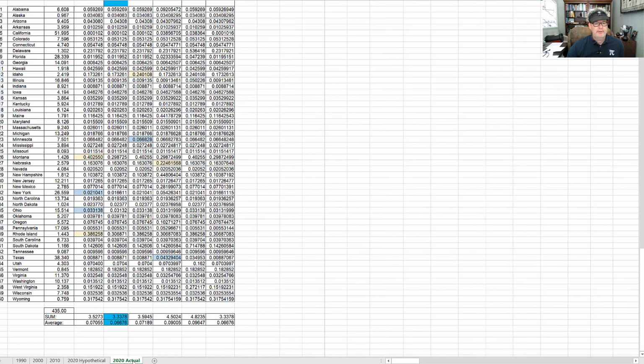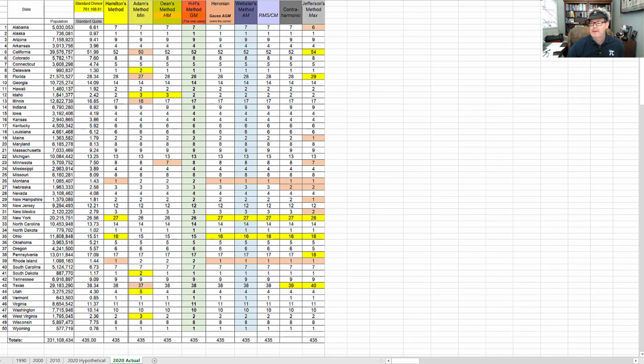Let's go to the actual. For 2020, 1990 had, I think, more possibilities. But why is Huntington Hill used? It's that relative difference. But Webster has a relative difference.